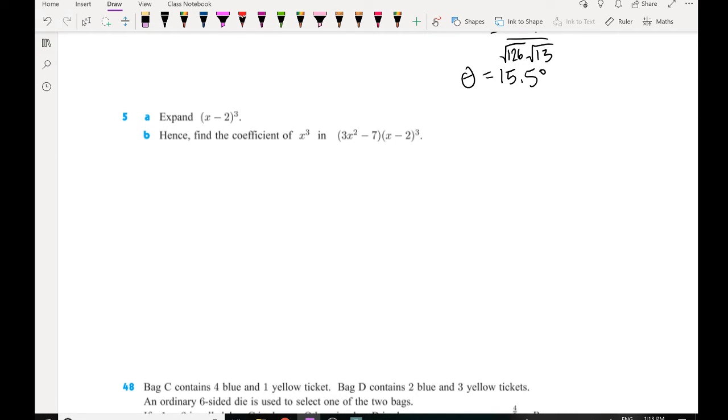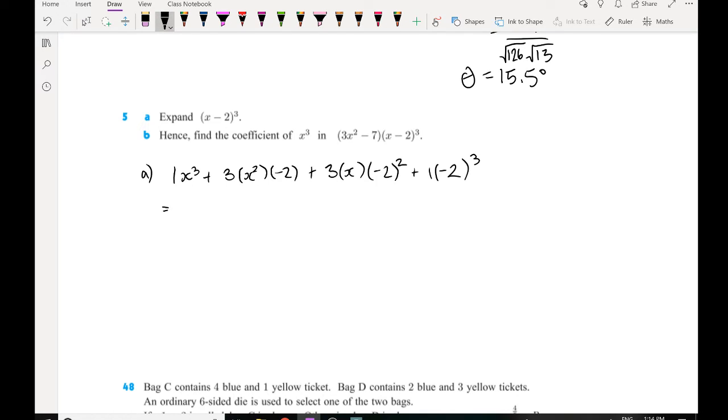Actually, here, I'm just going to do part A because I need to work out the expanded form. And I don't want to goof on that and then mess up the rest of the question. So plus 3 times x squared times minus 2 to the 1, plus 3 times x times minus 2 squared, plus 1 times minus, oh, getting ahead of myself, minus 2 cubed.